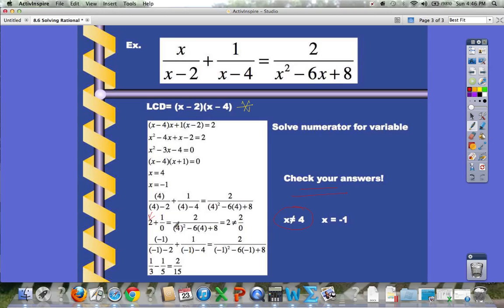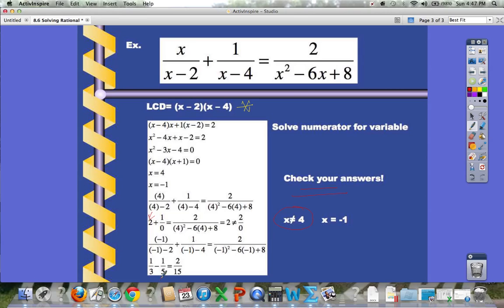Now you go back and try negative 1. You plug in negative 1, and you're going to get negative 1 over negative 1 and negative 2 make a negative 3, so that's 1/3. Then you're going to get 1 over negative 5, which is negative 1/5.